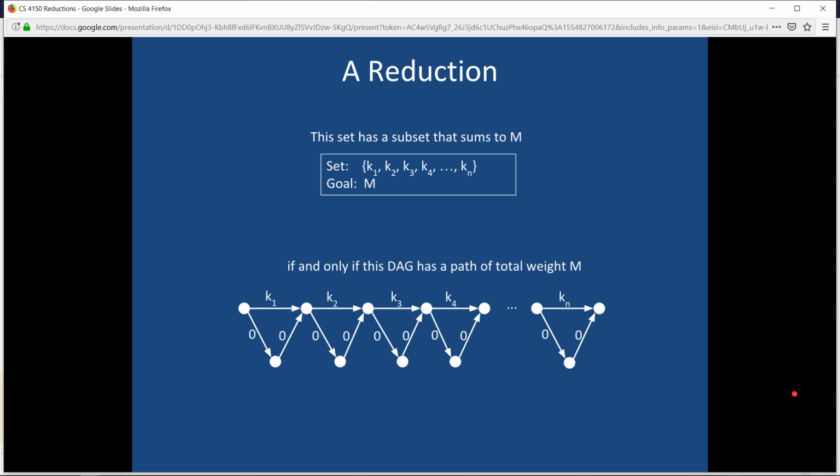So you go to K1, and then you follow the zeros, skip K4, skip, Kn. So that path from beginning to end, its total weight is K1 plus K4 plus Kn.